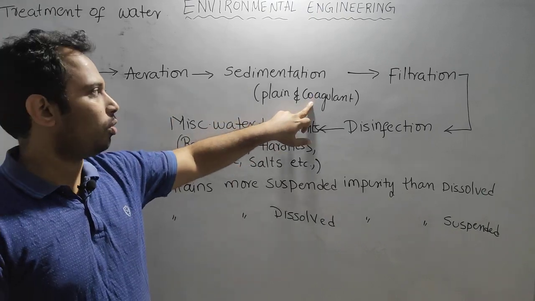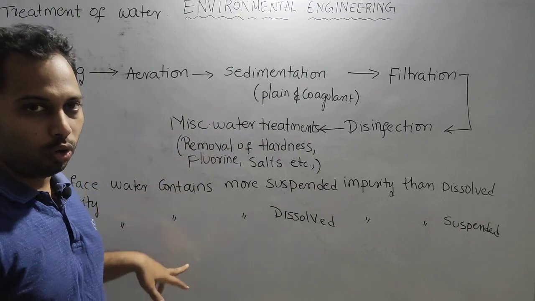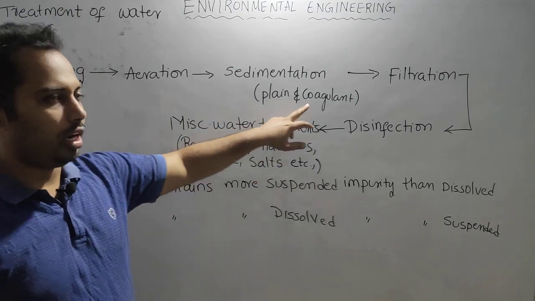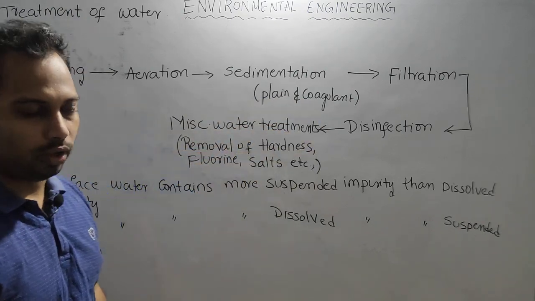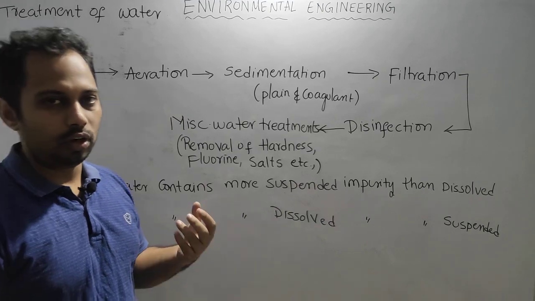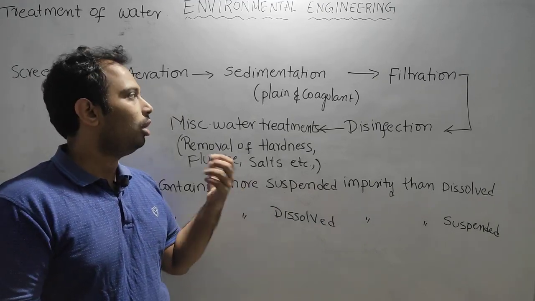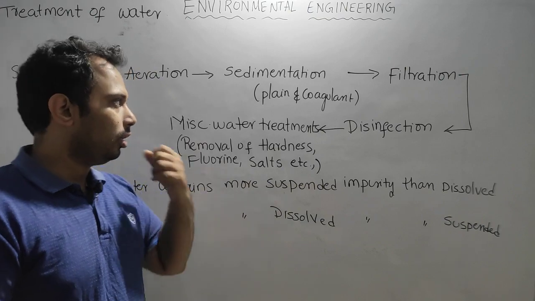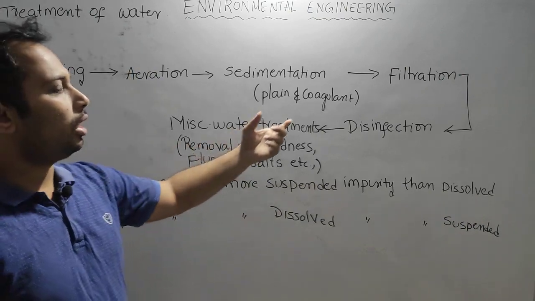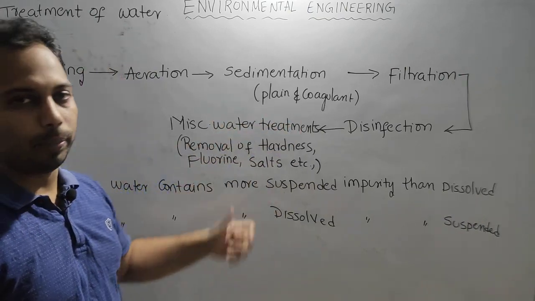Sedimentation aided with coagulation is needed for groundwater, because coagulant is effective in removal of dissolved ions and colloidal particles. To remove those colloidal and dissolved particles, coagulant will be more effective than simple plain sedimentation.